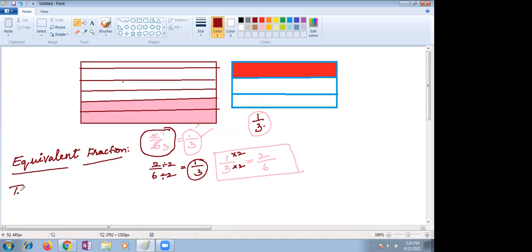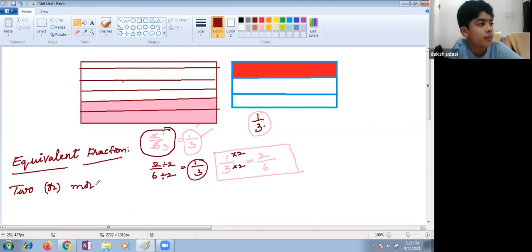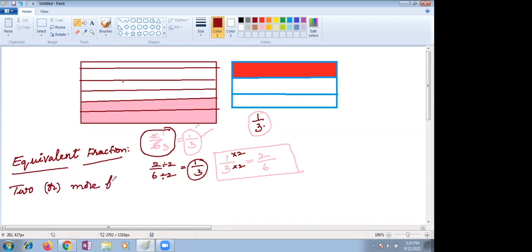That point you write, children, step by step. I will give only a few points. I'm not going to give too much for your notebook.